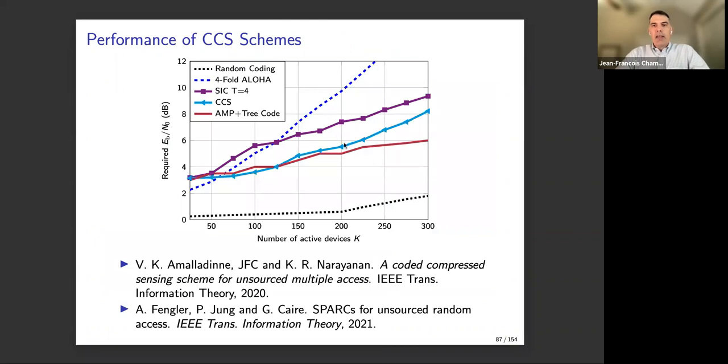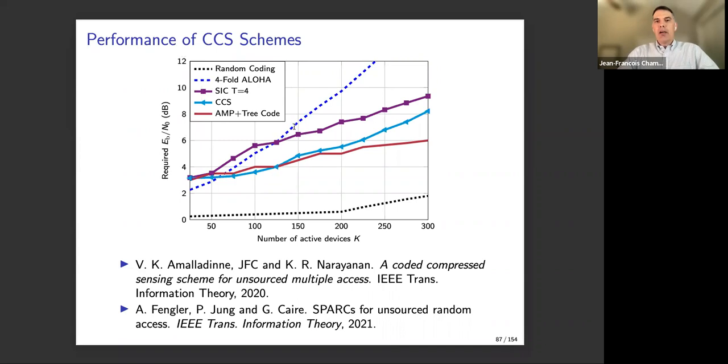And if you look at this, this is a graph comparison of the original coded compressed sensing and the coded compressed sensing with approximate message passing. The two papers are here. On the x-axis, I have the number of active devices. On the y-axis, I have, again, the minimum requirement of Eb over N0 in dB.